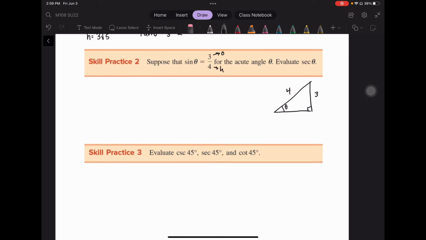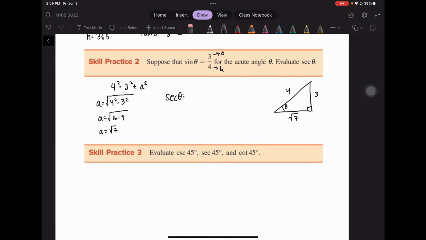Now, I need to find what the missing side is in order to be able to evaluate this question, because secant is the reciprocal of cosine, which involves adjacent. A equals the square root of 4 squared minus 3 squared, or 16 minus 9, which is 7. A is the square root of 7 then.